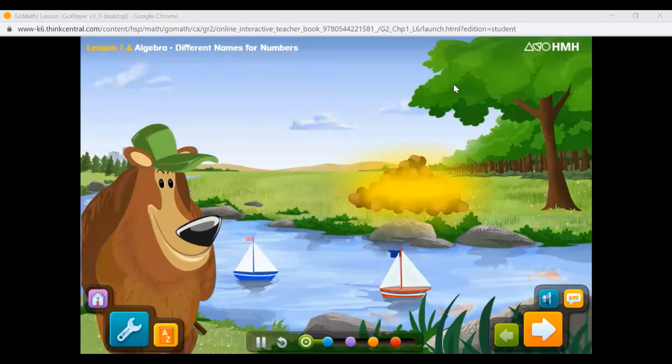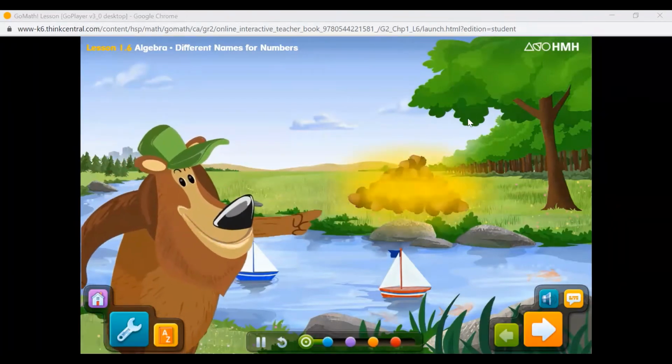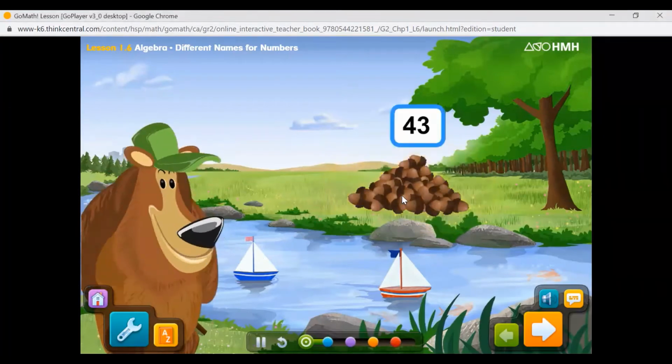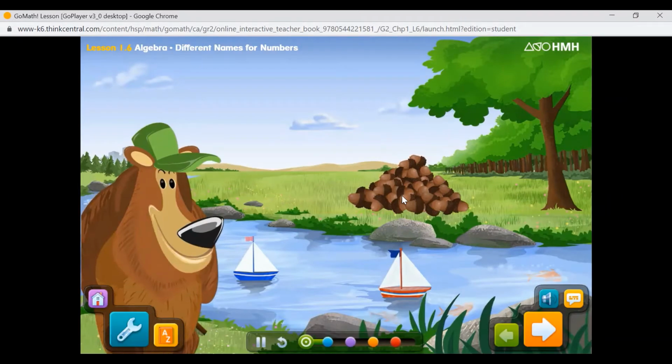Click the pile of acorns to help me count them. Wow! I found 43 acorns. I bet we can show the number of acorns in different ways. Come on, let's go find out how.